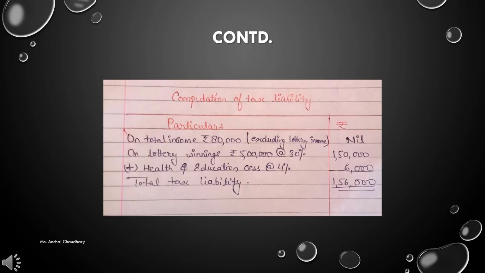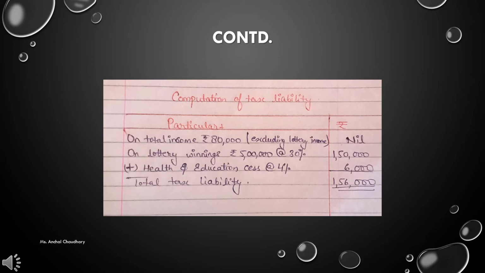So after getting your total income, now we have to calculate the tax liability. So students, as I have already told you, whenever we are having some other source of income or other kind of income, that income will be taxable separately. It will not be taxable under all the heads.